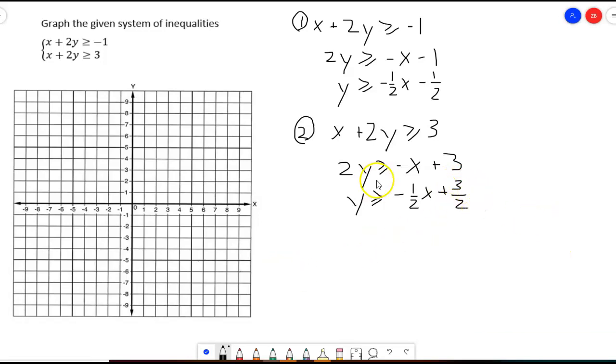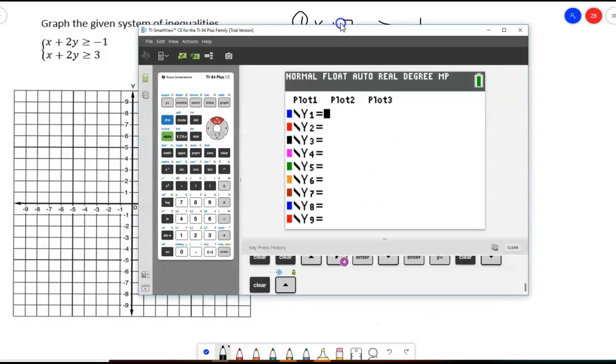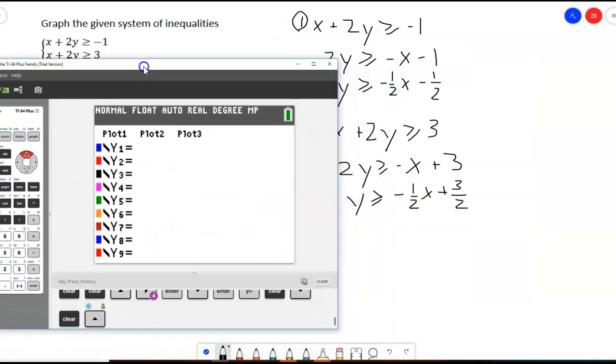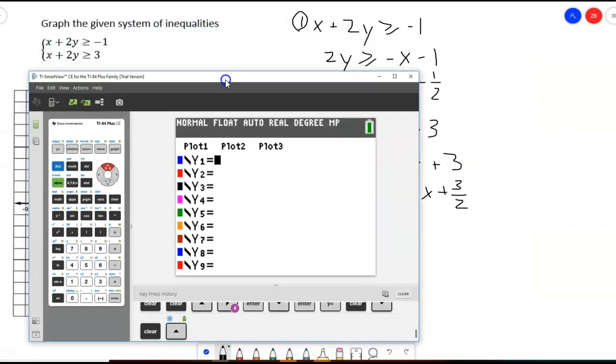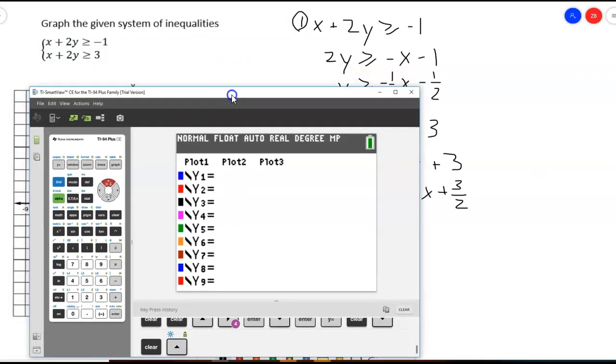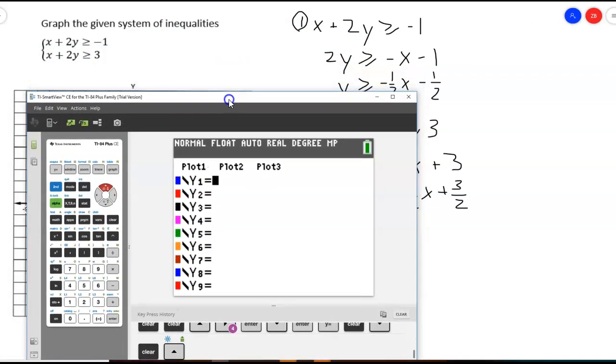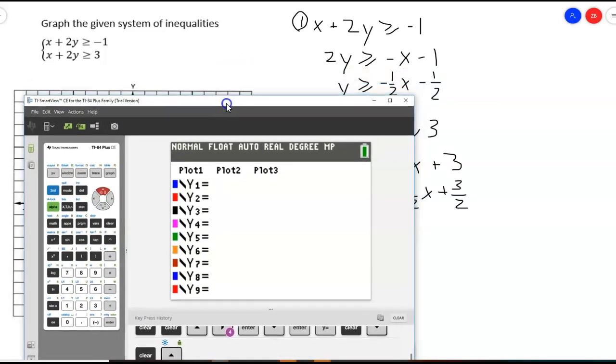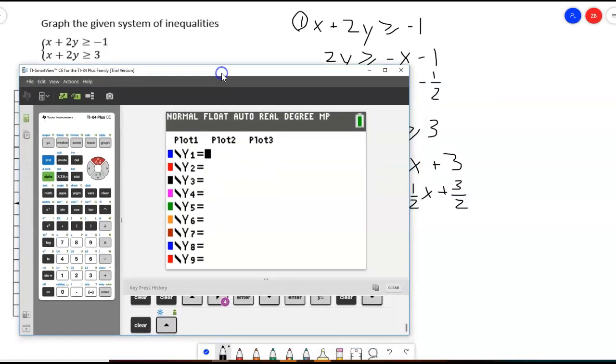Alright, so the next thing I want to do is put these into my graphing calculator, just to get an idea of what that's going to look like. So the first one is -1/2 x minus 1/2.